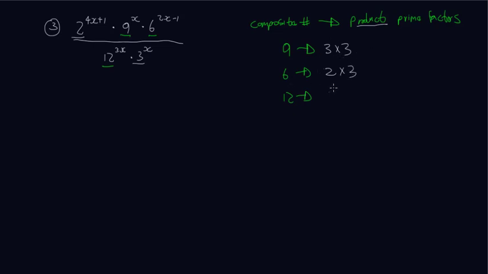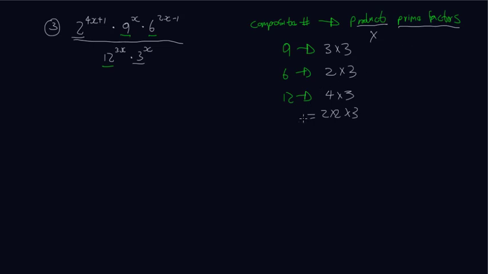And then 12 can say masithi 4 times 3 is 12 still, but 4 is a composite. Then let's break it down to 4. So let's say 2 times 2 which is 4 and then times 3. So our product of prime factors, product means multiply, and then our prime factors are our prime numbers.